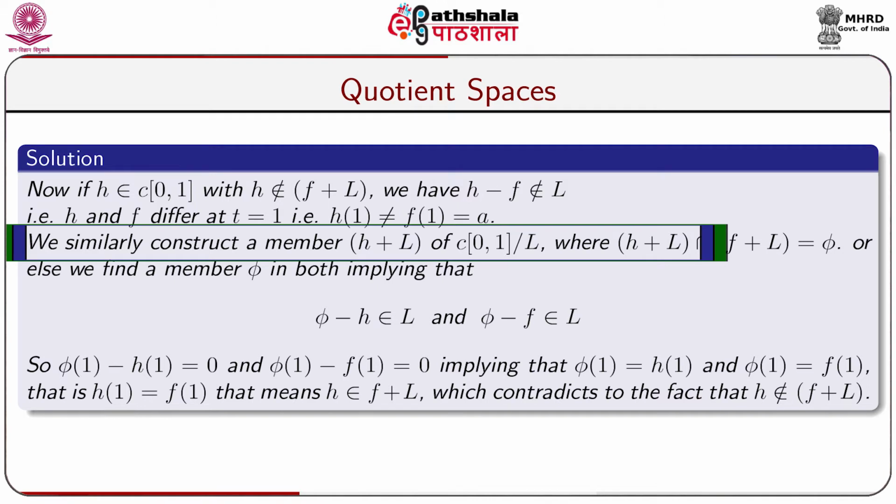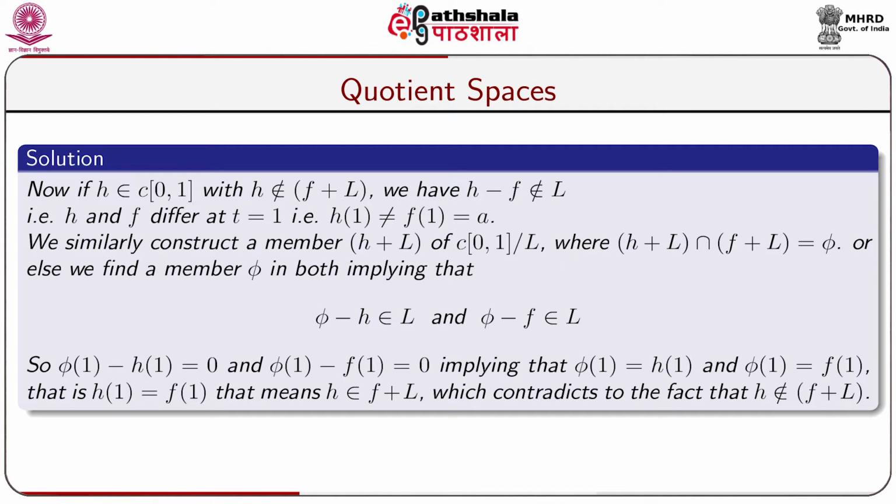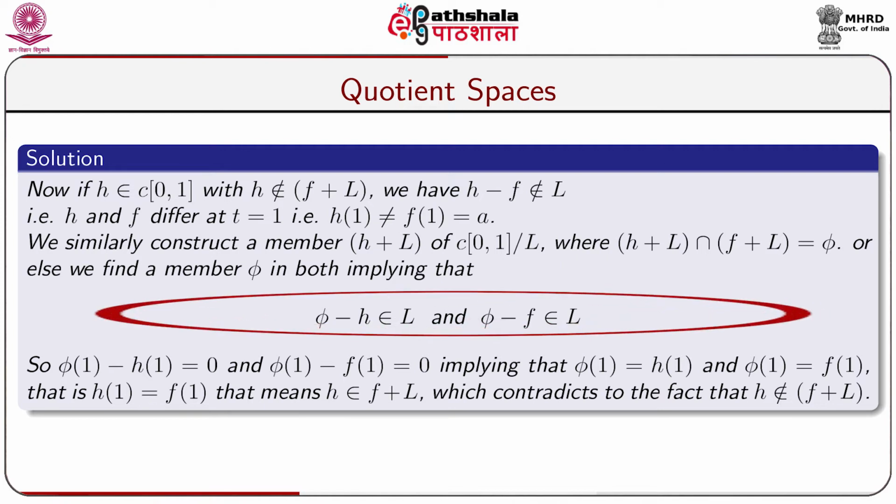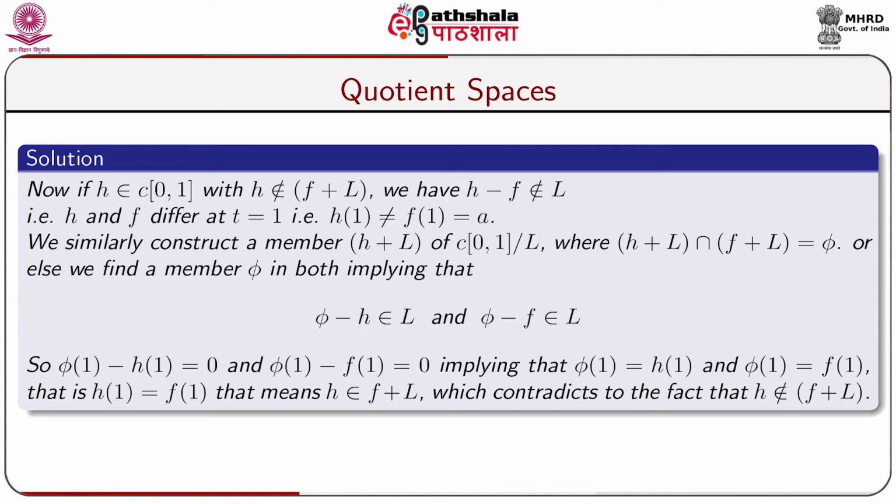We similarly construct a member h plus L of C[0,1] by L, where (h plus L) intersection (f plus L) is equal to phi, or else we find a member phi in both, implying that phi minus h belongs to capital L and phi minus f belongs to capital L. So, phi(1) minus h(1) equal to 0 and phi(1) minus f(1) equal to 0, implying that phi(1) equal to h(1) and phi(1) equal to f(1), that is h(1) equal to f(1), that means h belongs to f plus L, which contradicts the fact that h does not belong to f plus L.